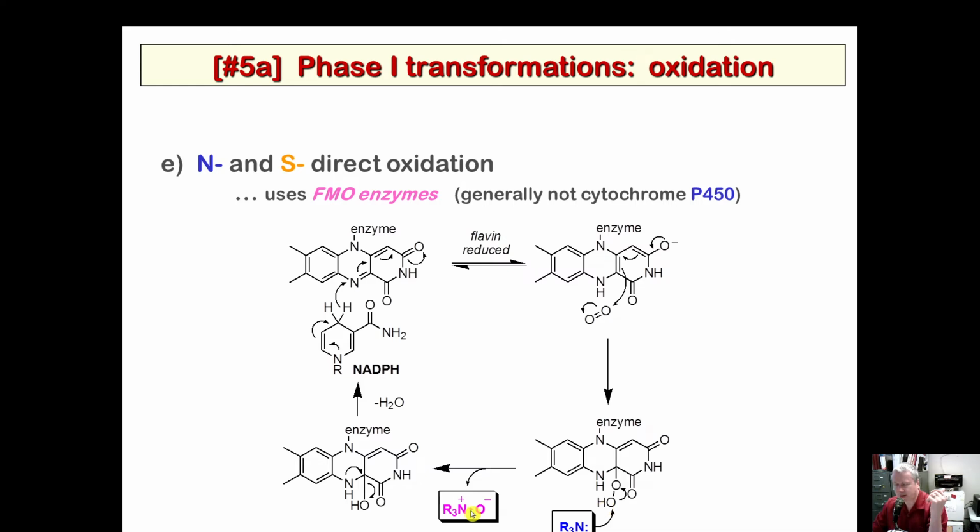So that's essentially the mechanism of these FMO enzymes. And then nitrogen swings back, kicks off the oxygen, basically to lose water, and you start the whole process again. So that's how FMO enzymes work.